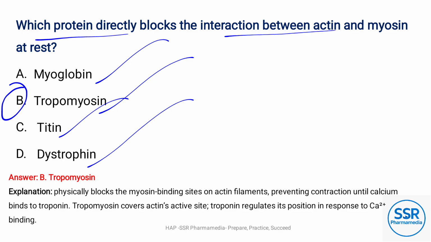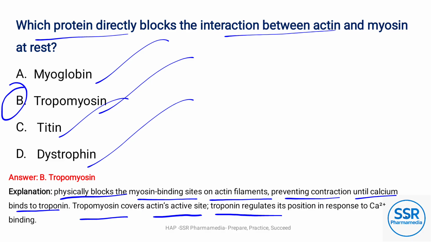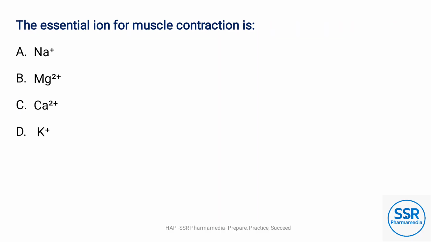Tropomyosin physically blocks the myosin binding sites on actin filaments, preventing contraction until calcium binds to troponin. Tropomyosin covers the actin active site, and troponin regulates its position in response to calcium binding.